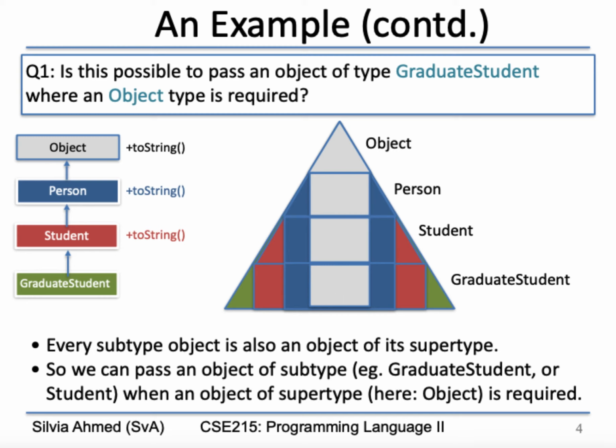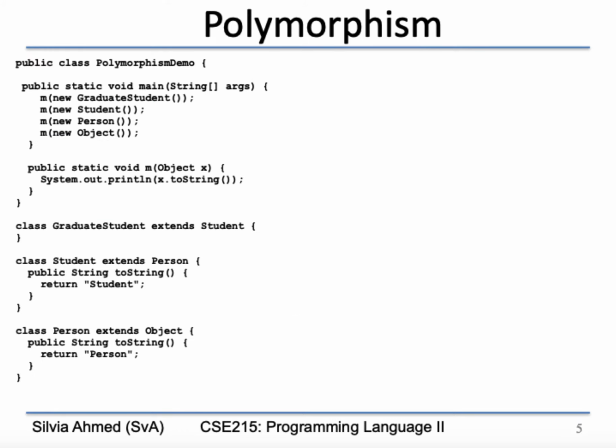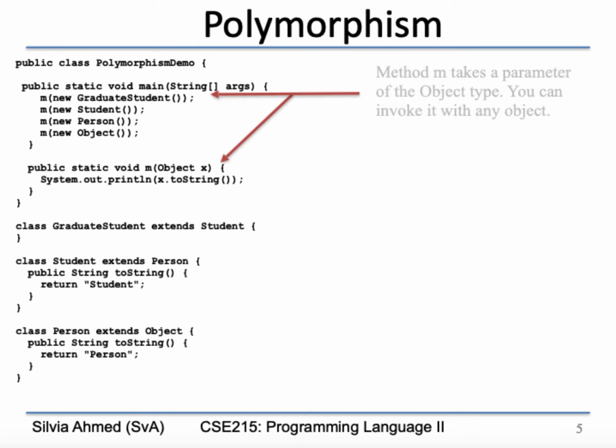So when an object of the Object class is needed, we can pass a Person, a Student, or a GraduateStudent. In this scenario, the method m takes a parameter of the Object type, but you can actually invoke it with any object of its subtype.